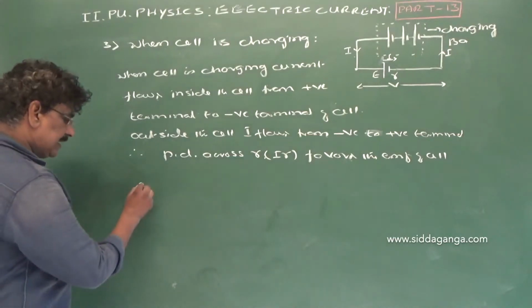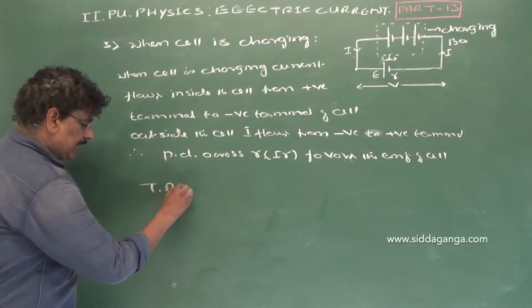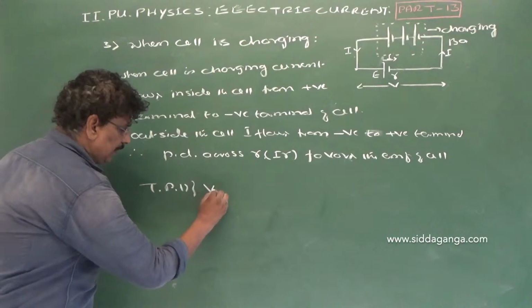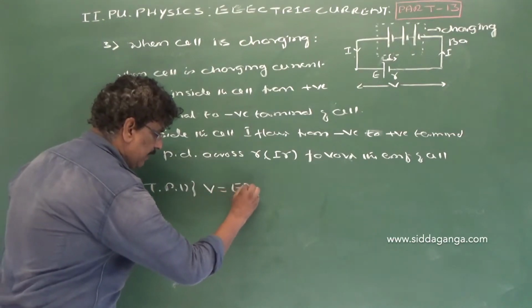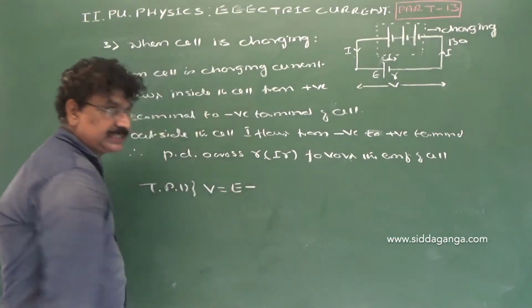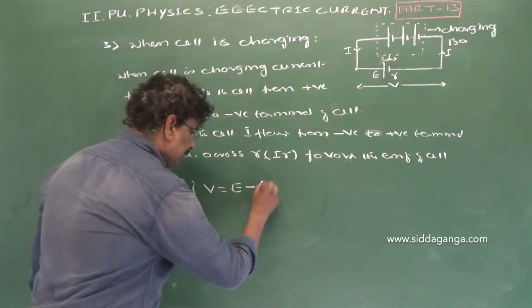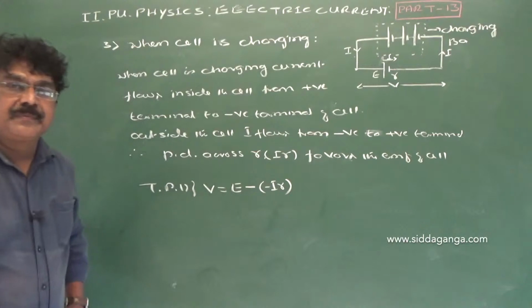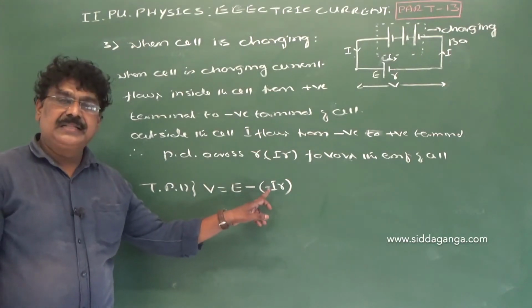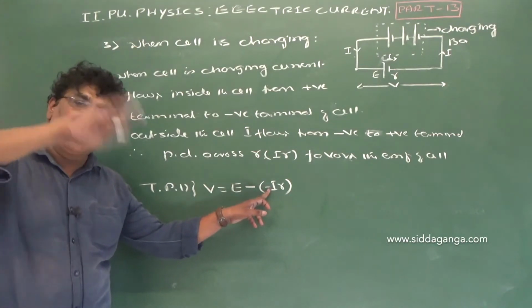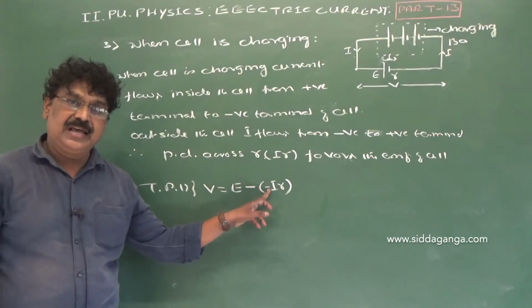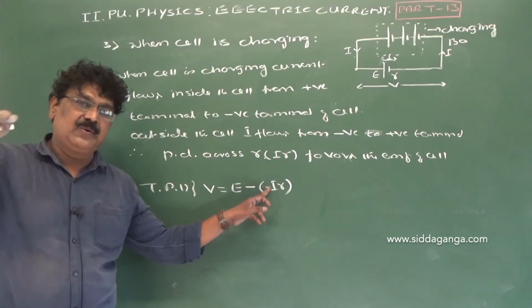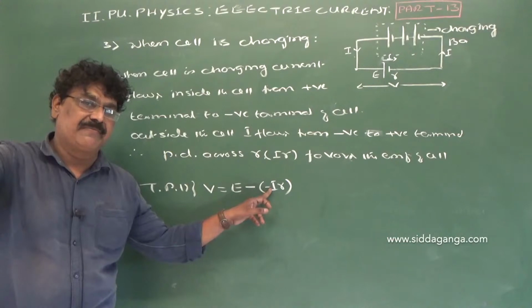Now in this case, the terminal potential difference V is equal to E minus of minus IR, because this IR is in the opposite direction, and in a closed circuit while discharging, IR opposes the EMF.